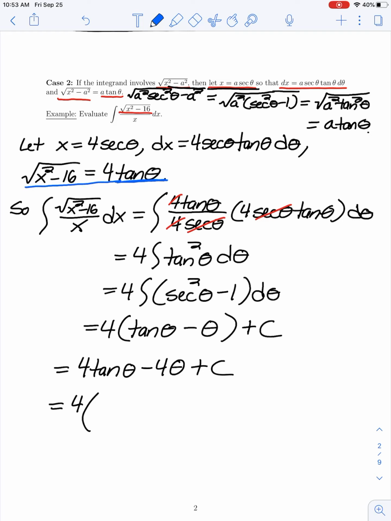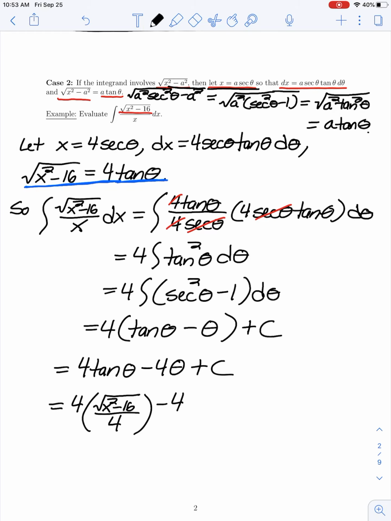So if I solve this equation for tangent theta, I have the square root of x squared minus 16 over 4. And then we had minus 4 times theta.